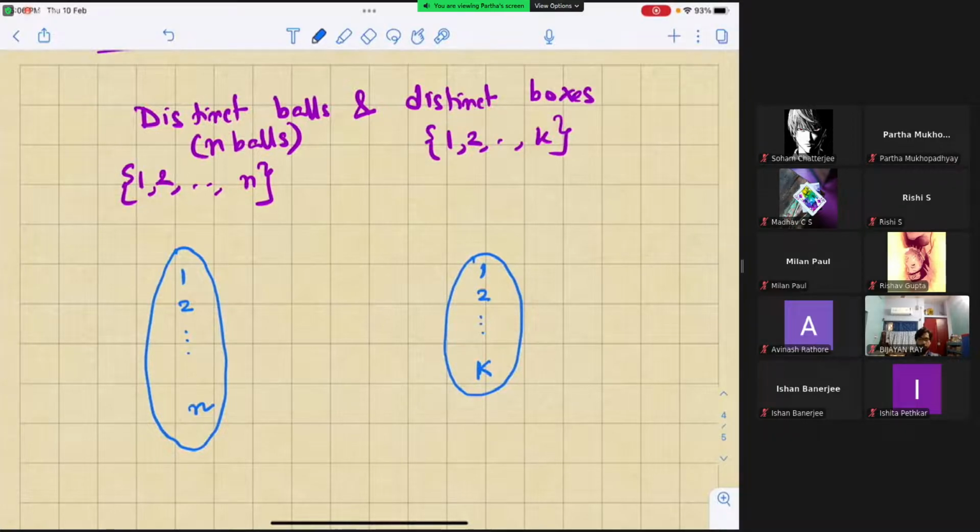I have stated it in terms of balls and boxes. And the condition is that you have to arrange these n balls into k boxes such that no box is empty, right? So does it remind you of some more concrete thing in mathematics rather than this ball-box kind of analogy?